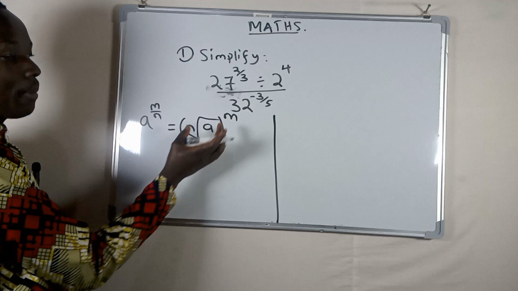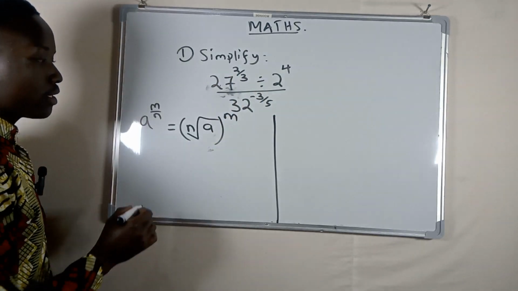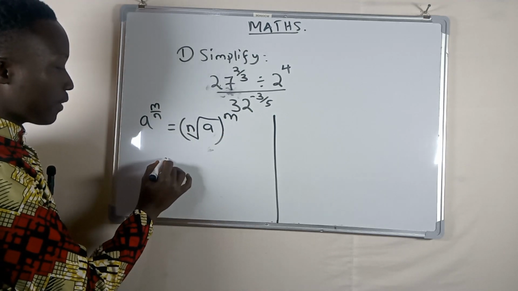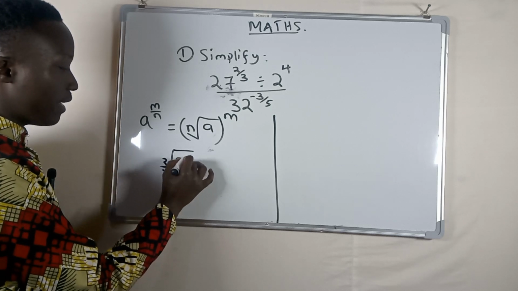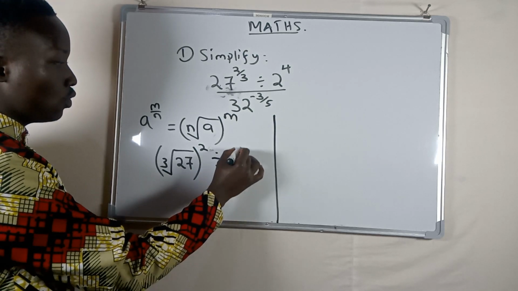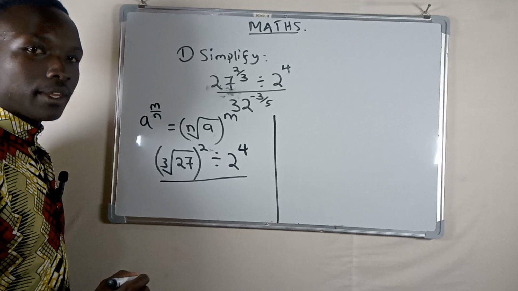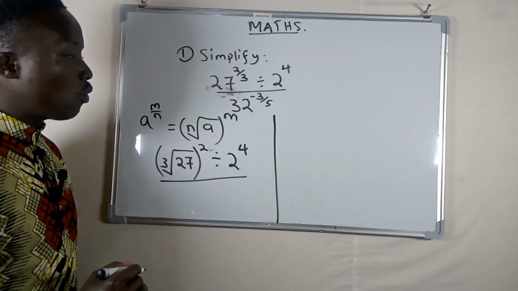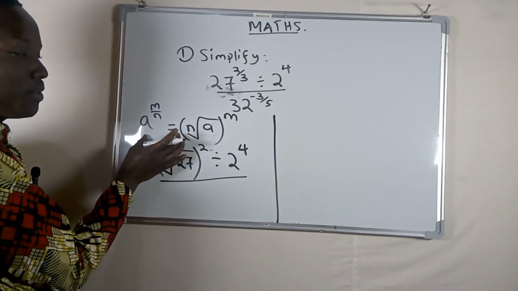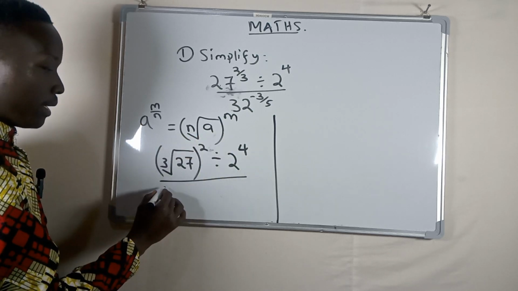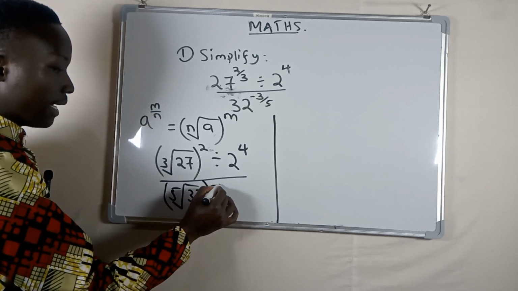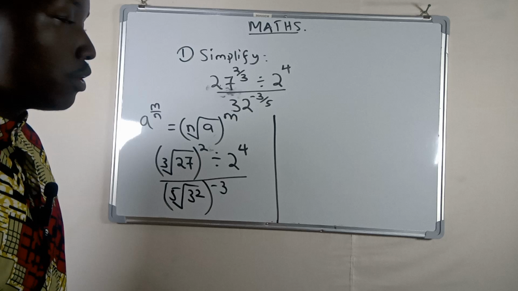Therefore, we can apply this law to solve this one. 27 to power 2 over 3 is the same as the cube root of 27 to power 2, divided by 2 to power 4 over our denominator, which is 32 to power negative 3 over 5. The same can be simplified using this law, and we can have the fifth root of 32 to power negative 3. So that is how we are going to simplify.